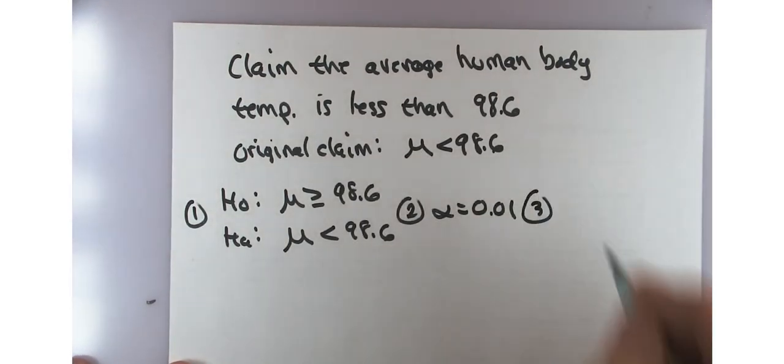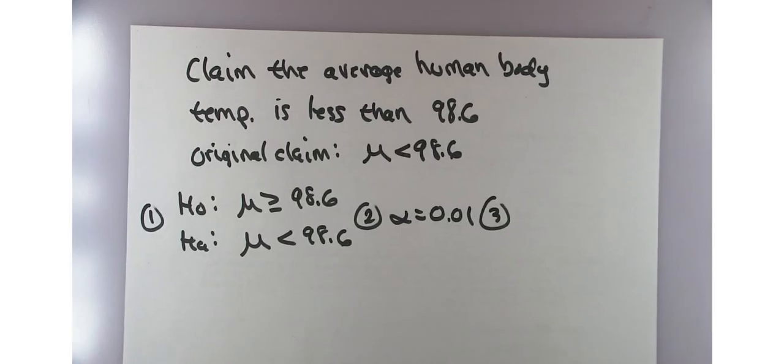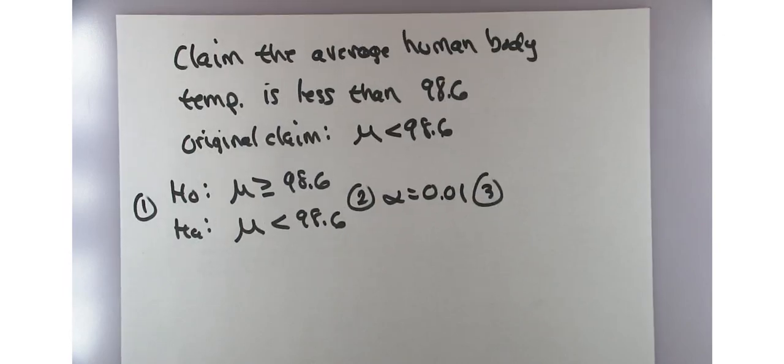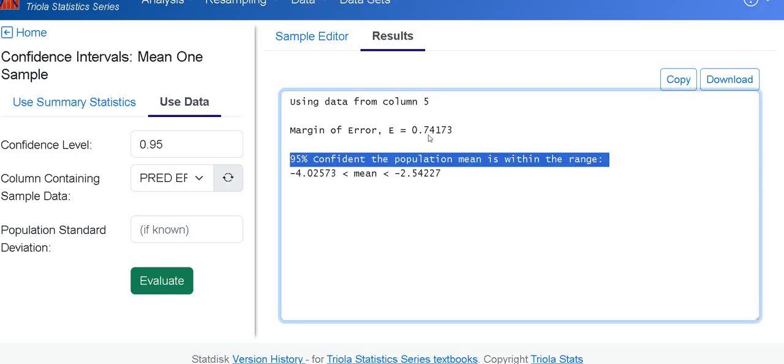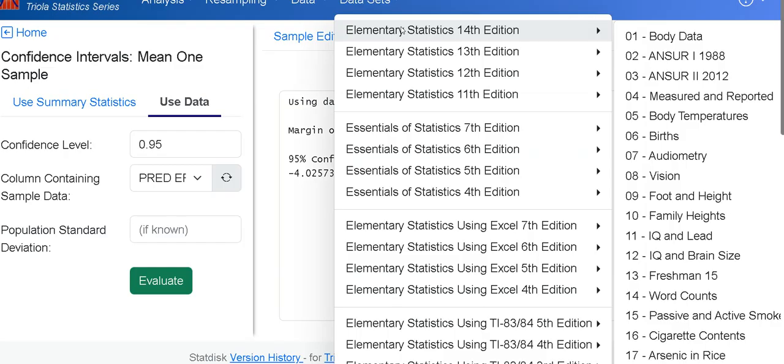Step 3, we're going to have to input the data. Sort of. We're going to take a little shortcut to inputting the data. Our data in this case is going to come from another data set. So go to StatDisk, open up data sets, 14th edition, and then we want body temperatures.